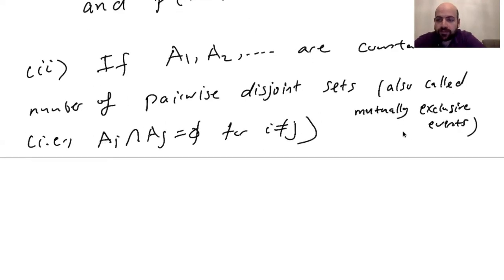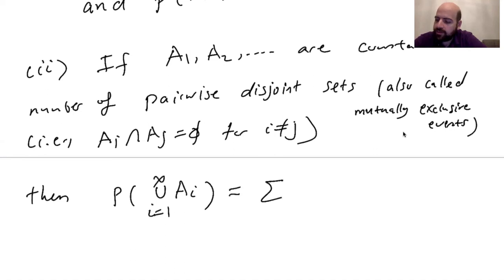If we have such events, then the probability of the union of A_i, from 1 to infinity, is equal to the sum of P of A_i, i from 1 to infinity. Of course, that is in the case that you have infinitely many A_i. If you have finitely many of them, then you can say i equals 1 to n, and then the sum of P of A_i, i from 1 to n.